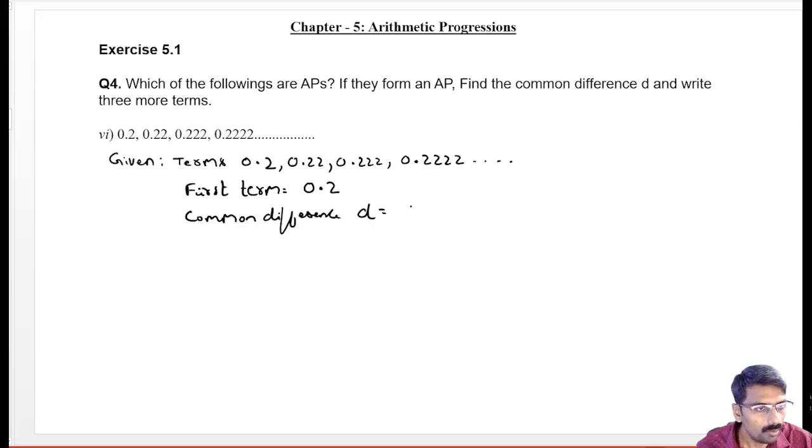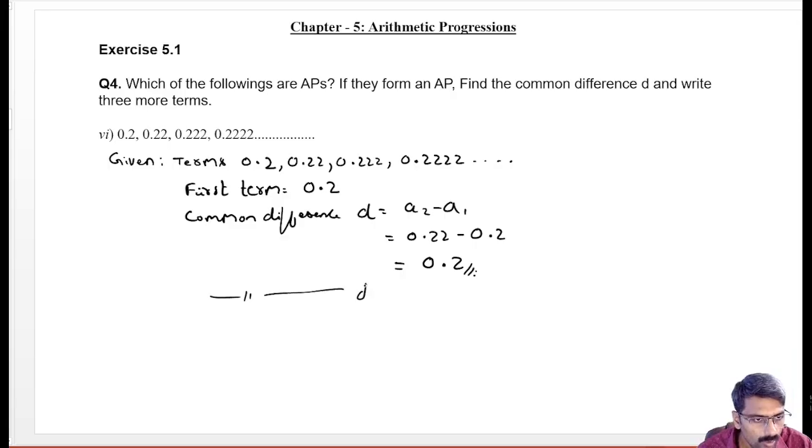D would be equal to A2 minus A1, so that is equal to 0.22 minus 0.2, which is equal to 0.2.